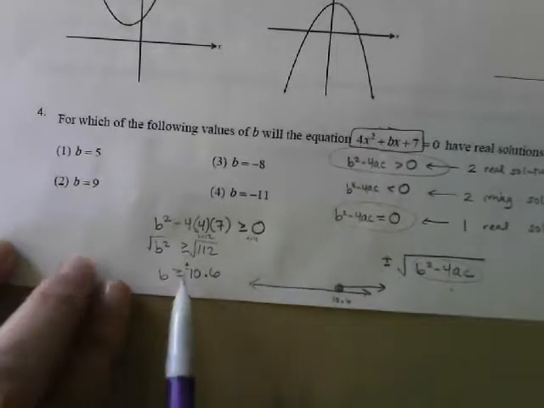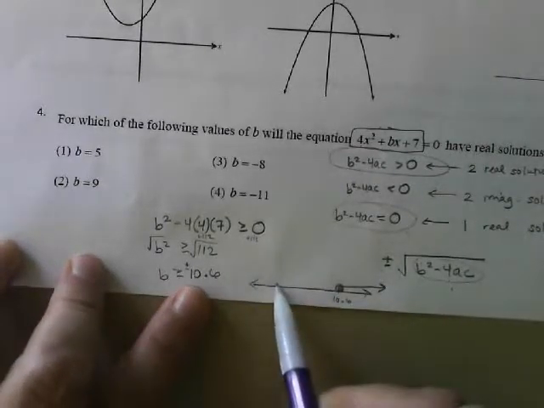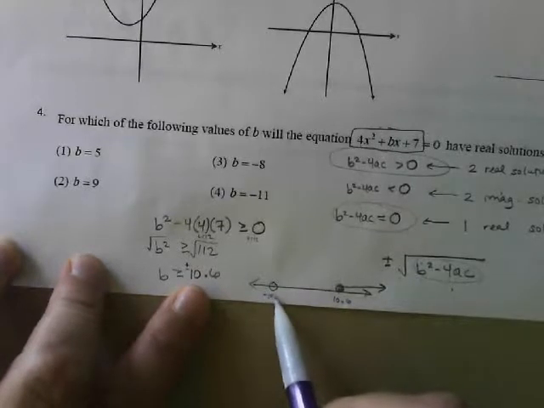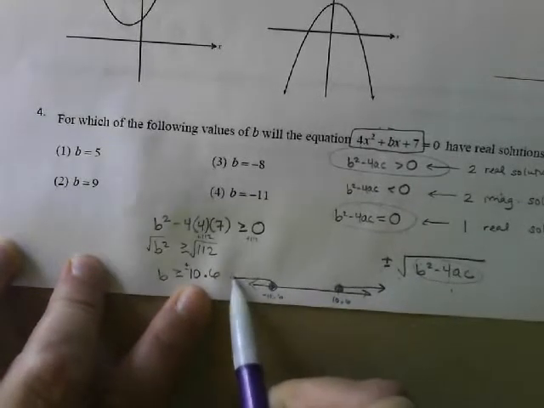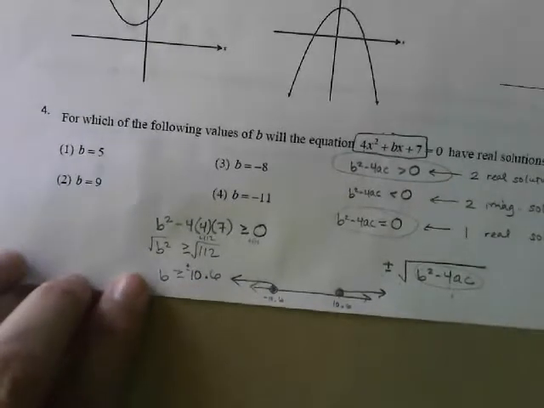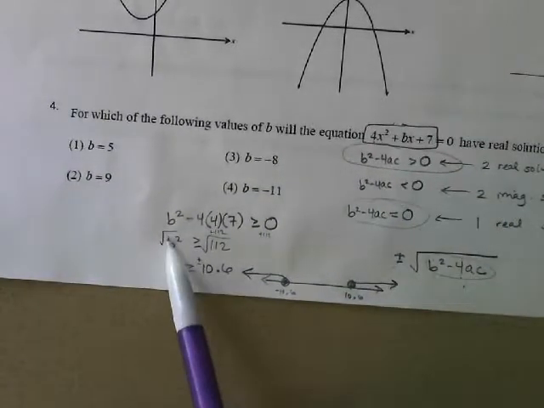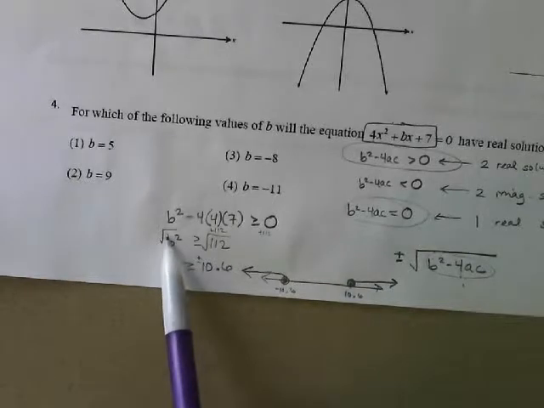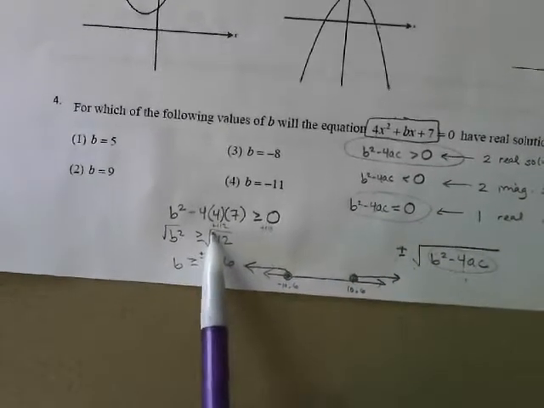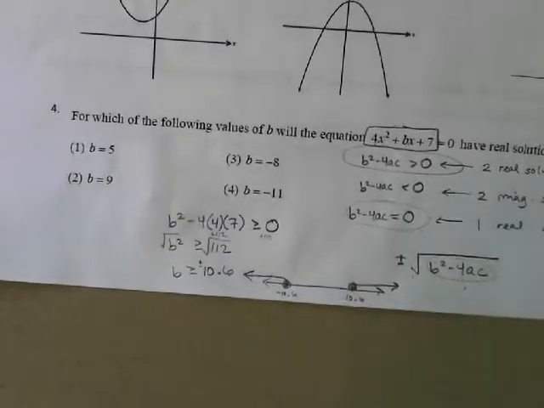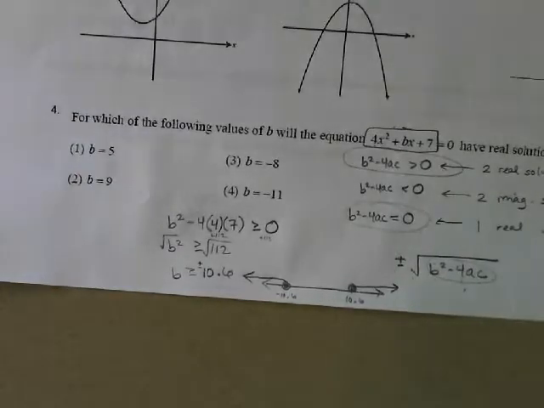But with the inequality, that also means it could be less than negative 10.6, going that way. Because think about it, something like negative 11, when you square it, will be 121. So that would satisfy it. It's either going to be between the two numbers or outside the two numbers.